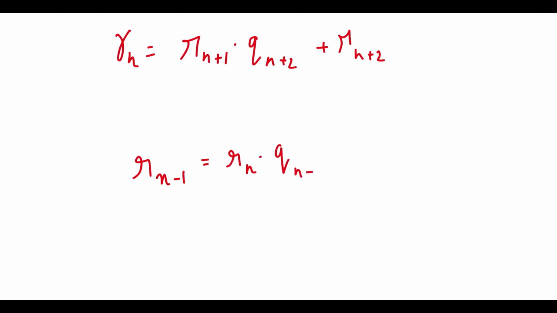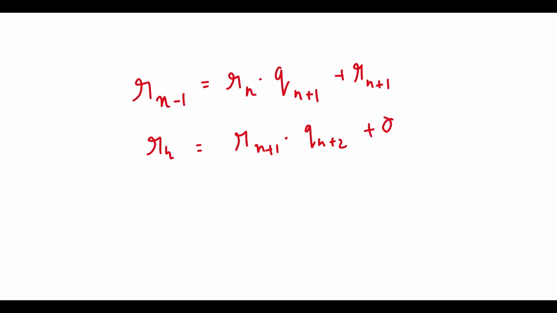Then the next last step, where we assume that the remainder came 0, is this step. Now, if the remainder is 0 and this is the big number, we can say that Rn plus 1 divides Rn. There is no ambiguity in that, right?